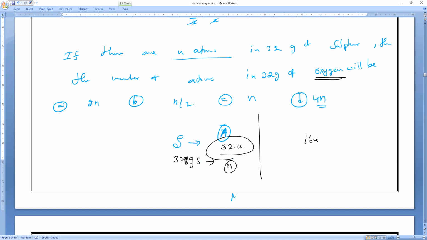We all know that the molar mass of any substance contains an Avogadro number of particles. So 16 grams of oxygen itself has n particles. Here we have 32 grams of oxygen, so it will become double. So how many particles will there be? 2n particles. Do it fast.